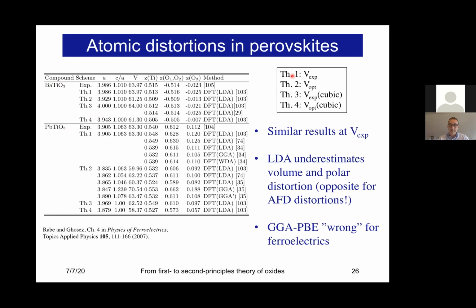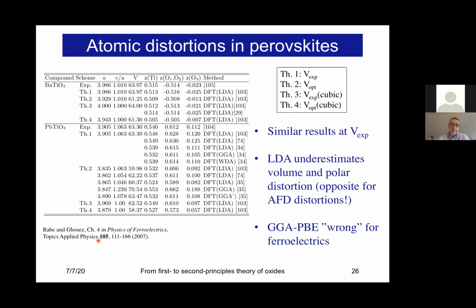Theory 1 refers to the one where I keep the experimental volume and cell parameters. Theory 2 corresponds to the case where I relax simultaneously the unit cell and the atomic position. And theory 3 and 4 are the same, but where I keep basically a cubic unit cell. So I'm not allowing the cell to become tetragonal, for instance.